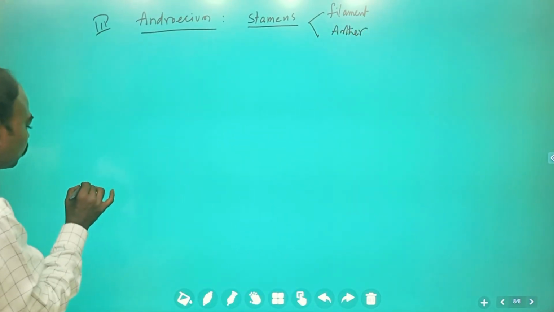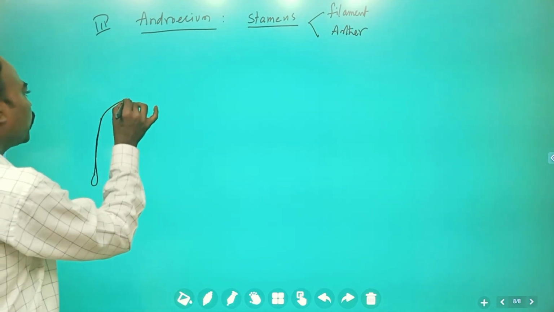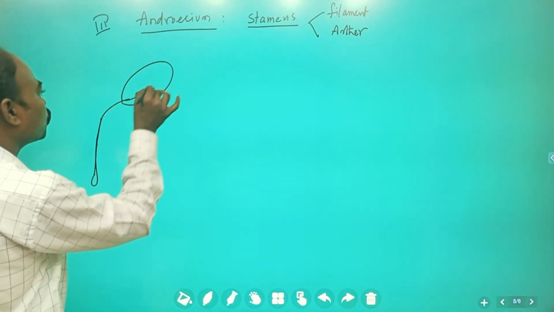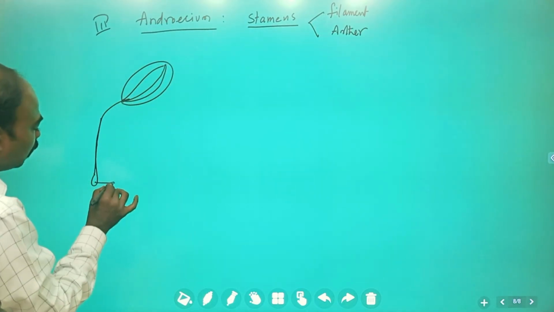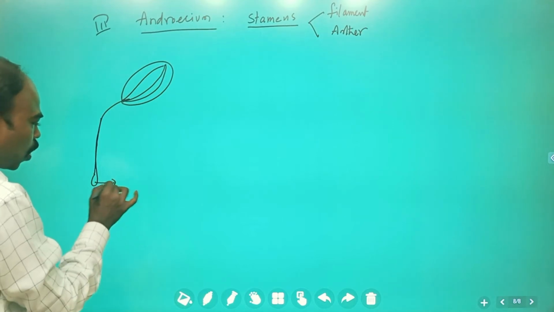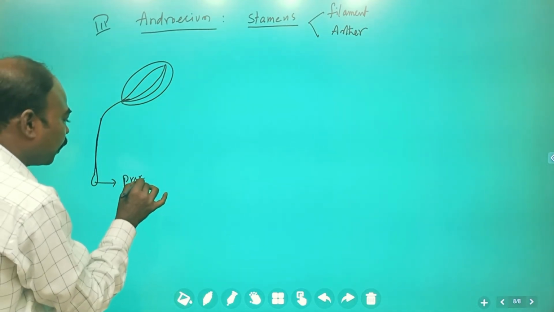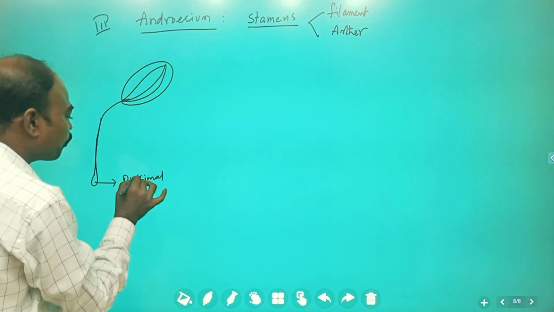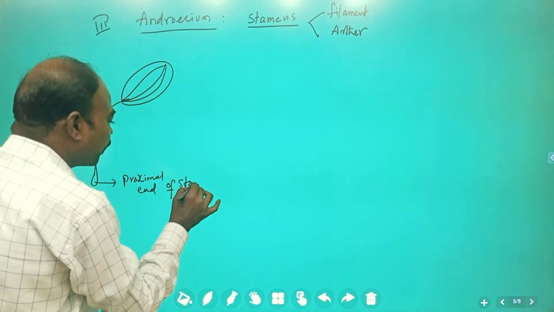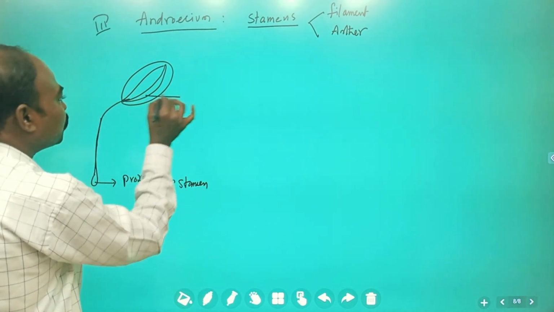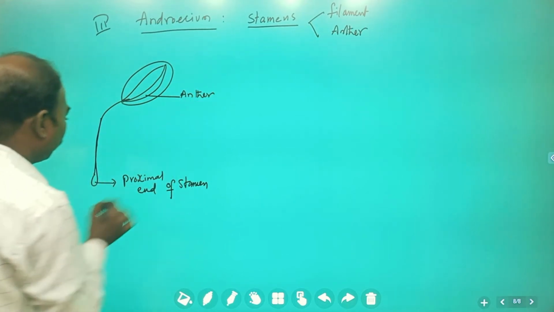You see, the filament has distal and proximal ends. This is the base or proximal end of the stamen. This is the distal end of the stamen, which has the anther.